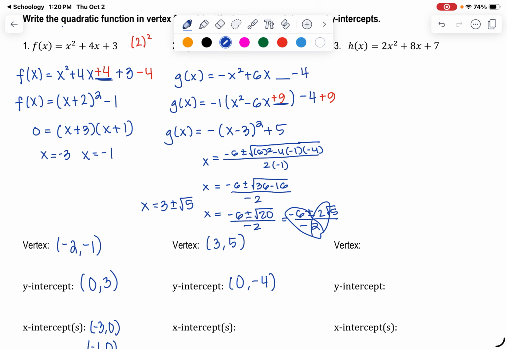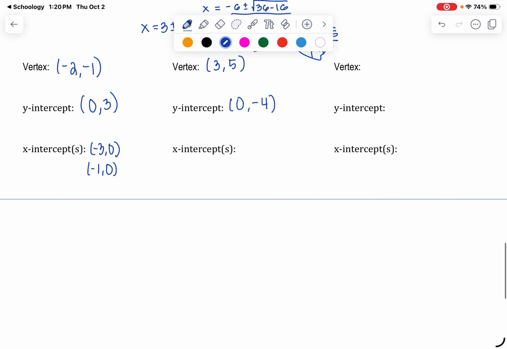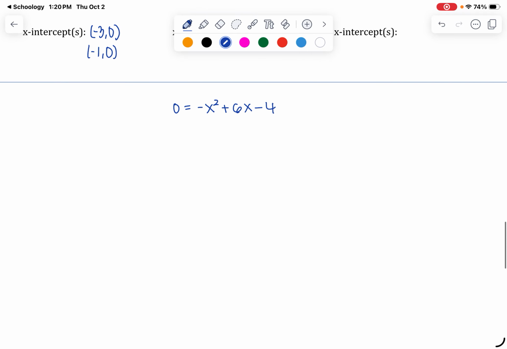All right, now I'm going to complete the square to see that I get the same answer, okay? So if you're like, no, I just want to use quadratic formula, then pay no attention to me. All right, so I have 0 equals -x squared plus 6x minus 4. Okay, so let's complete the square for x.